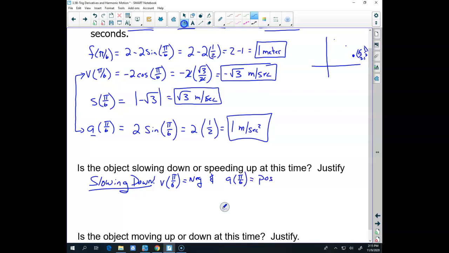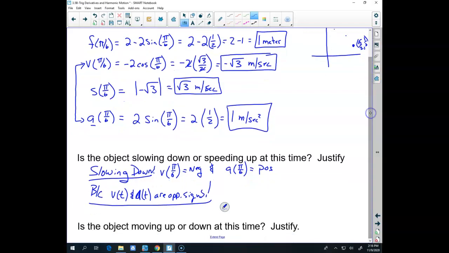Well, that meant velocity and acceleration were opposite signs, because v of t and a of t are opposite signs. And that is a calculus justification of why the object is slowing down. Velocity and acceleration are working opposite each other, therefore slowing it down.